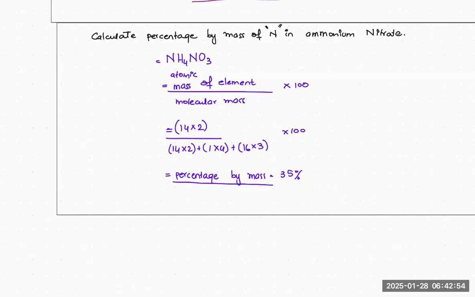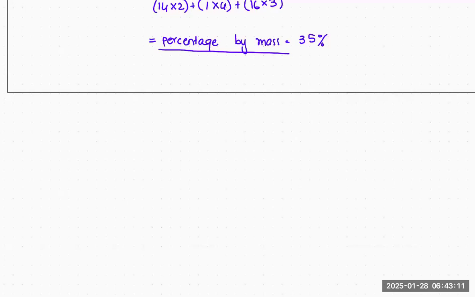Atom economy is simply a way of measuring the desired useful products that are formed from the reactants. What does that mean? That basically means that we are performing a chemical reaction where we want a very specific product.